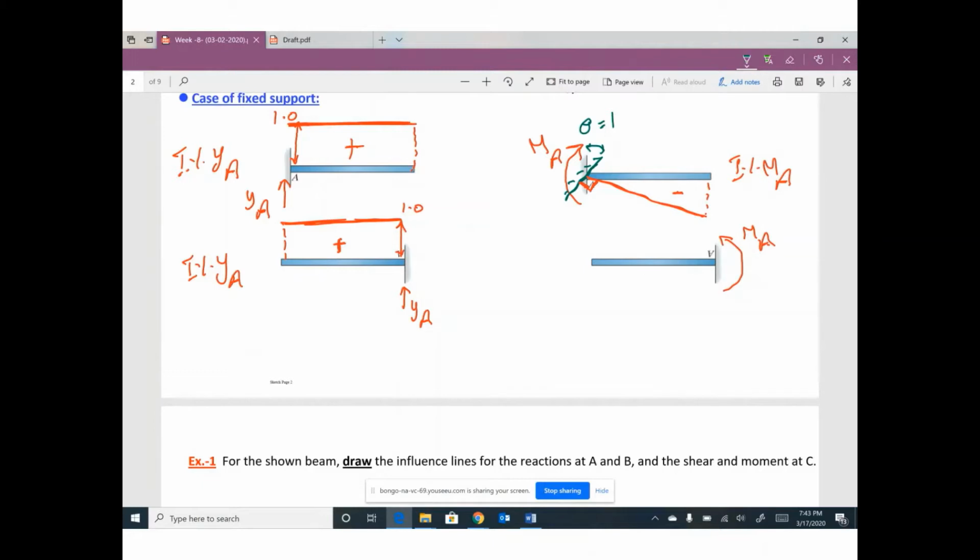In which direction? The same direction as this moment. So I will rotate this fixed support like this, in the same direction, theta equal 1, the same direction as MA. And MA is assumed to make this member smile. So the new shape of this beam will be perpendicular to this fixed support after rotation. This shape can be called the influence line for MA.